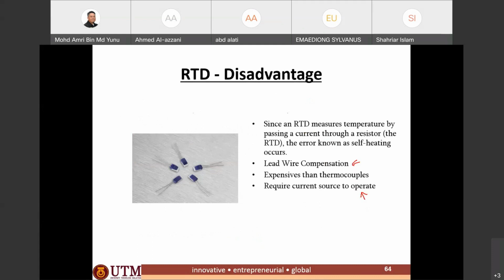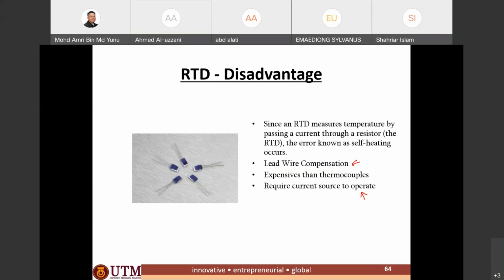Now, the disadvantage of RTD. It is not an active sensor, so the conversion of the thermal energy to output voltage has to go through a signal conditioning circuit.